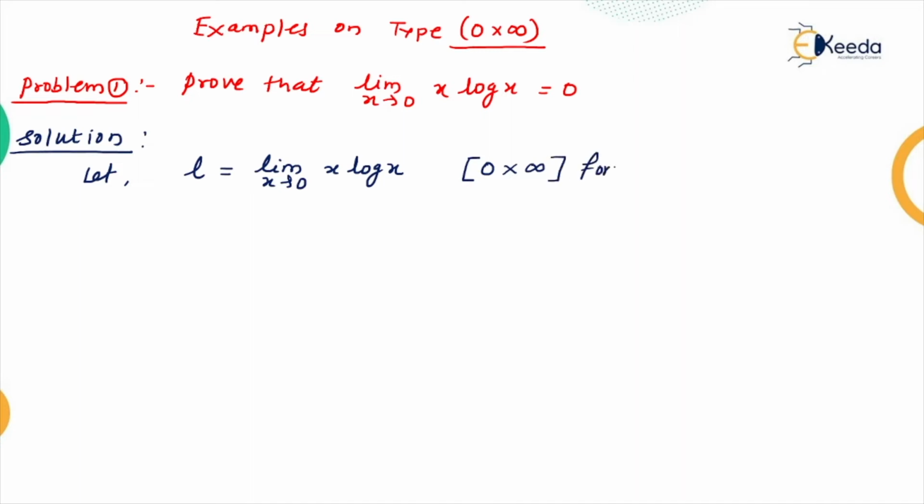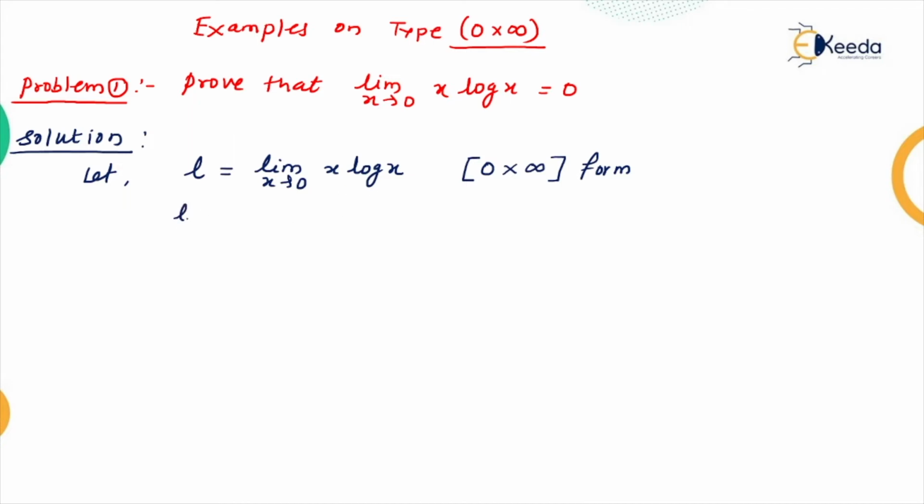I hope you understand this. Now, what is your target? We have to convert it into 0 by 0 or infinity by infinity. In the numerator, log x is there, so we just have to adjust x in the denominator.